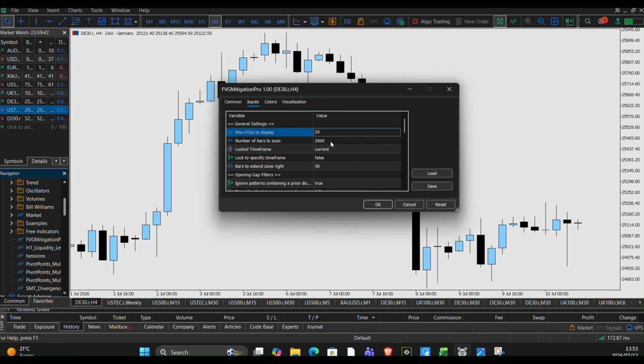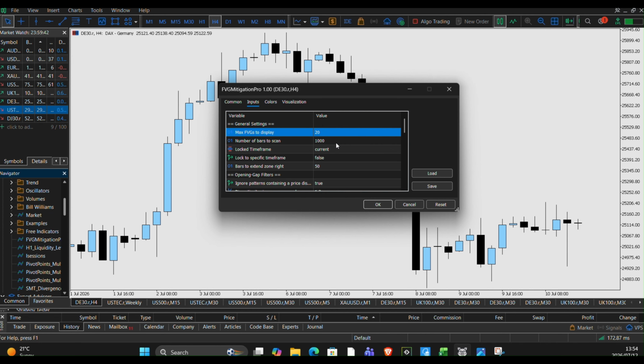The number of bars to scan is how many bars are scanned in order to figure out from where the fair value gaps are drawn. You generally don't need more than 1,000. I think 1,000 is even too much, but you can go as far back as you want.